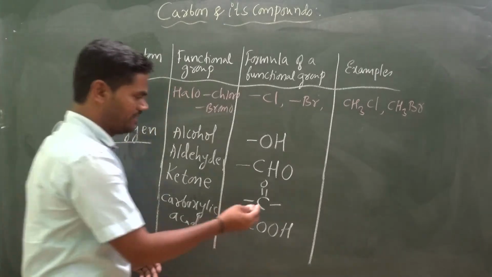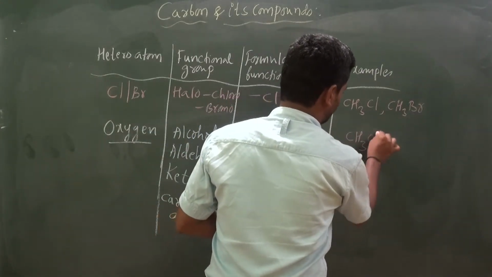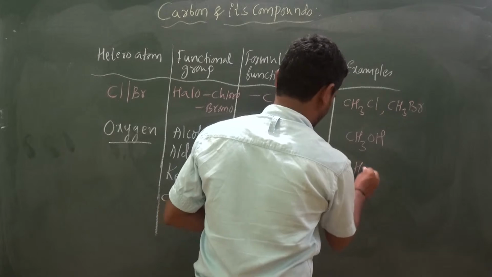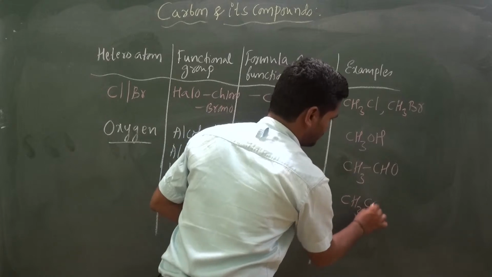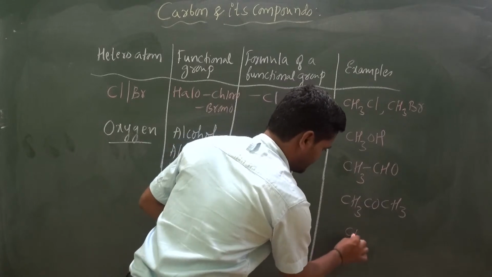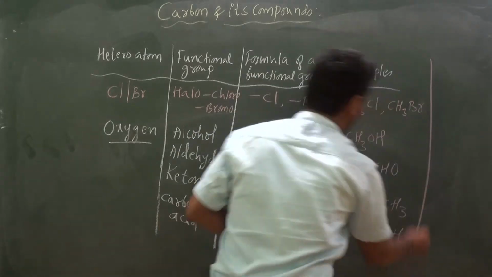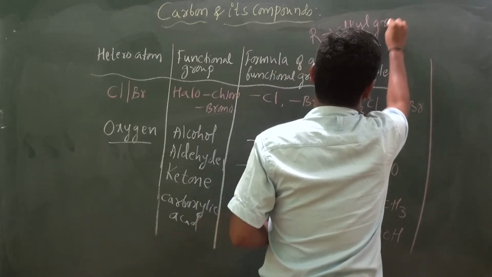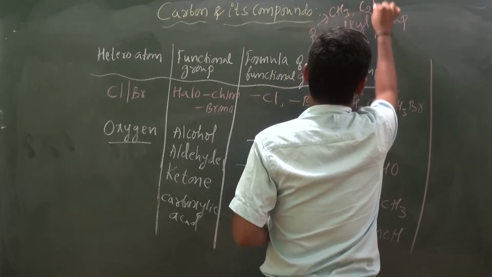So this can be written as CH3OH, then CH3CHO, then CH3COCH3, then CH3COOH. I am taking R as an alkyl group. The alkyl group may be a methyl group or an ethyl group.